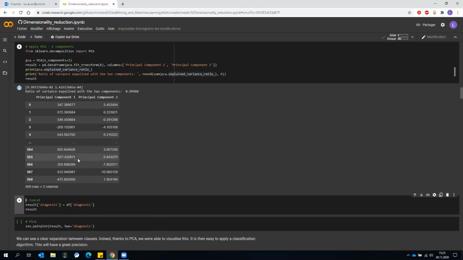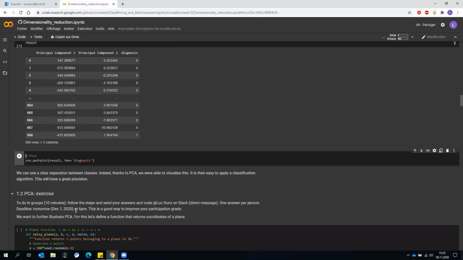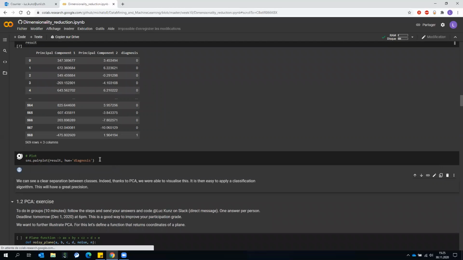And here are our components, so 1 and 2. And it is useful because we can plot them in 2D. I first concat, and then I plot this with the diagnosis, and we can see in this case that it works because we kept a lot of variance.